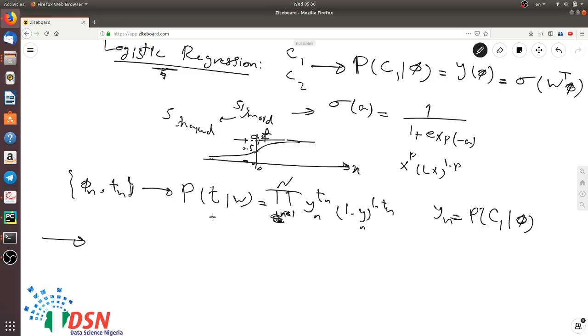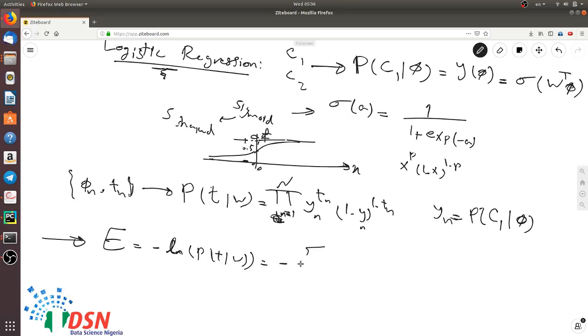If we write the maximum log likelihood, instead of maximizing log likelihood, we could minimize the negative log likelihood. So we could define the loss function as minus log of likelihood function.